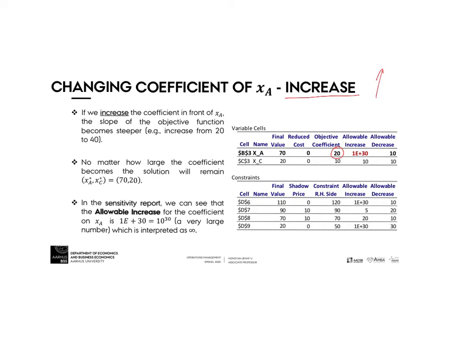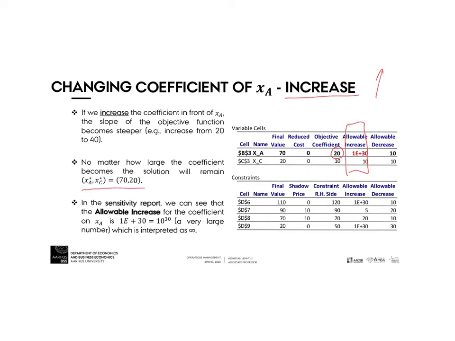Here you can see, if we increase the coefficient of xa, the slope of the objective function becomes steeper. For example, previously we increased from 20 to 40, and we have the output from your sensitivity report called allowable increase. Now you can see whatever you increase, your optimal solution will not change.